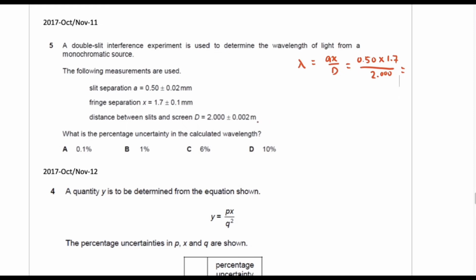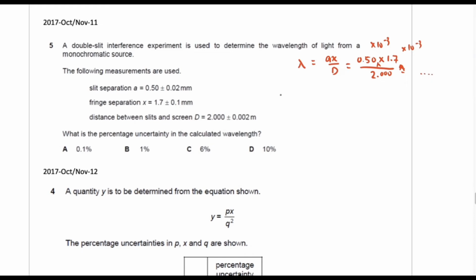So we need to standardize everything to the same unit. We have to add times 10 to the power of -3, and then times 10 to the power of -3 also. The bottom one is okay, it's already in meter. So I change everything to meter, and then we get a certain value.